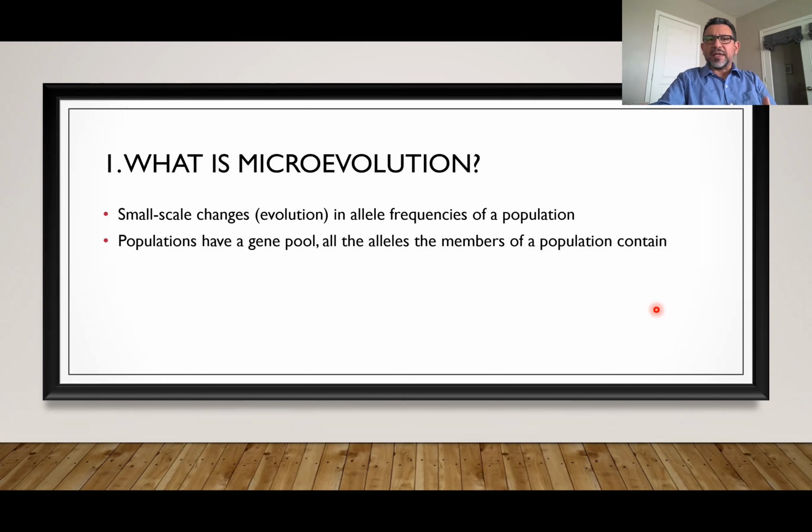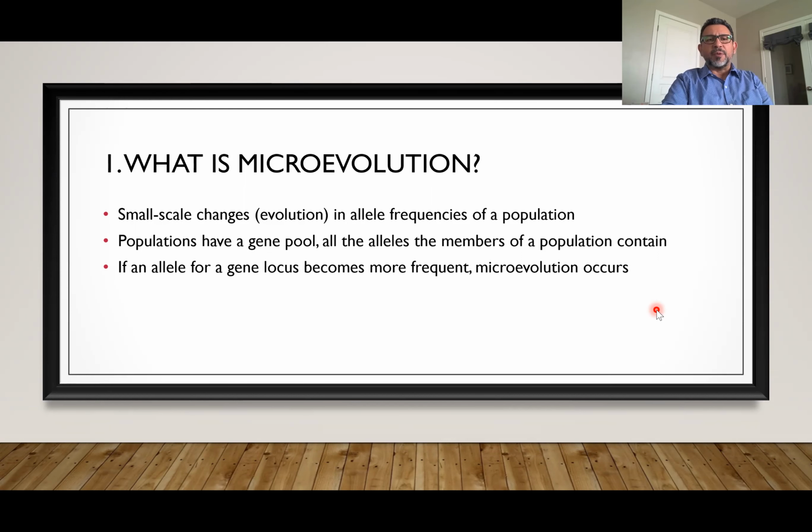Think about all of the alleles the members of a population have with regards to body color, body shape, specific abilities to digest certain kinds of food, everything that is part of the genotype of all of the individuals put together makes a gene pool. And what I'm saying is that microevolution can be measured if you can detect changes in the frequencies of alleles.